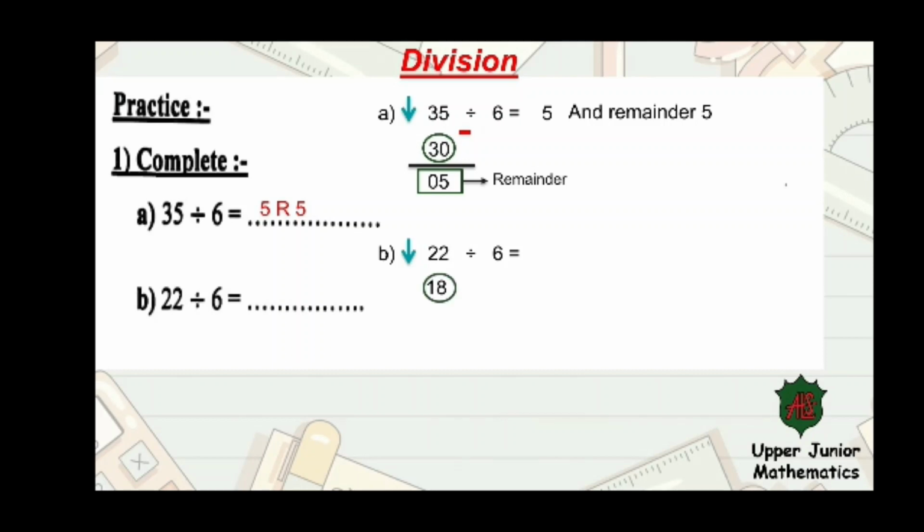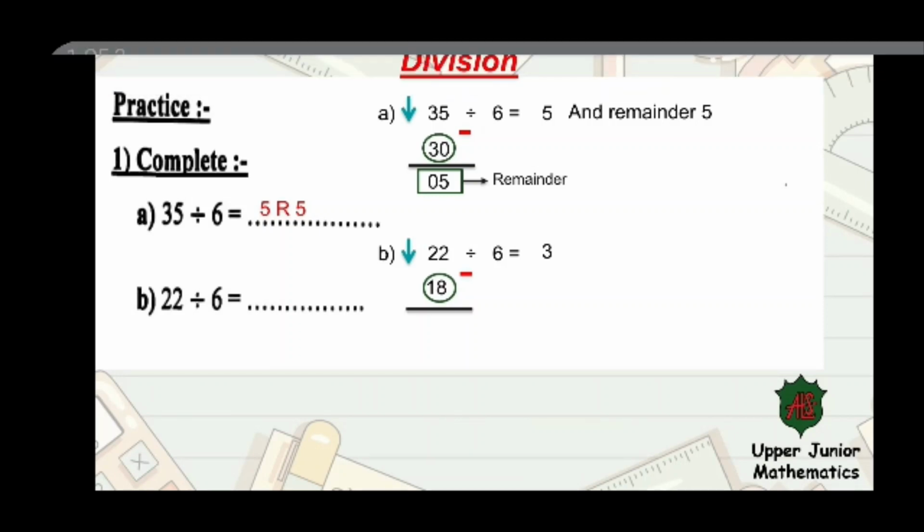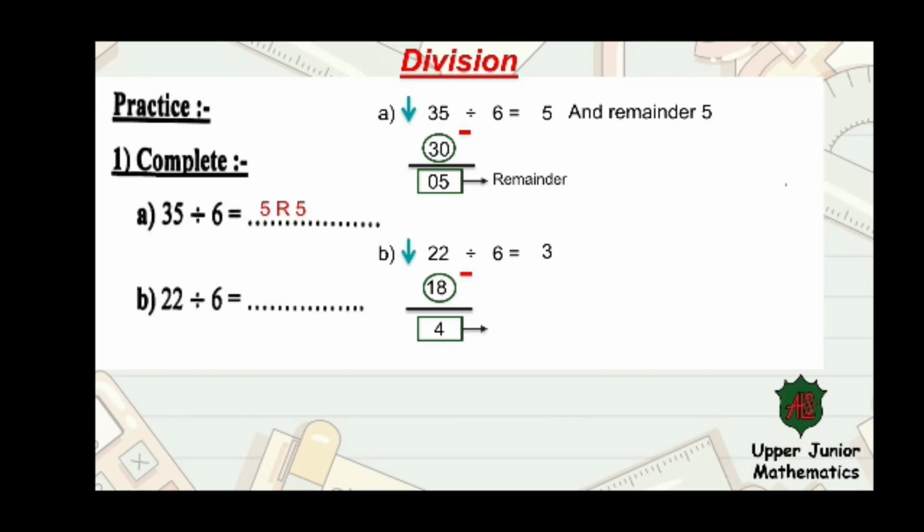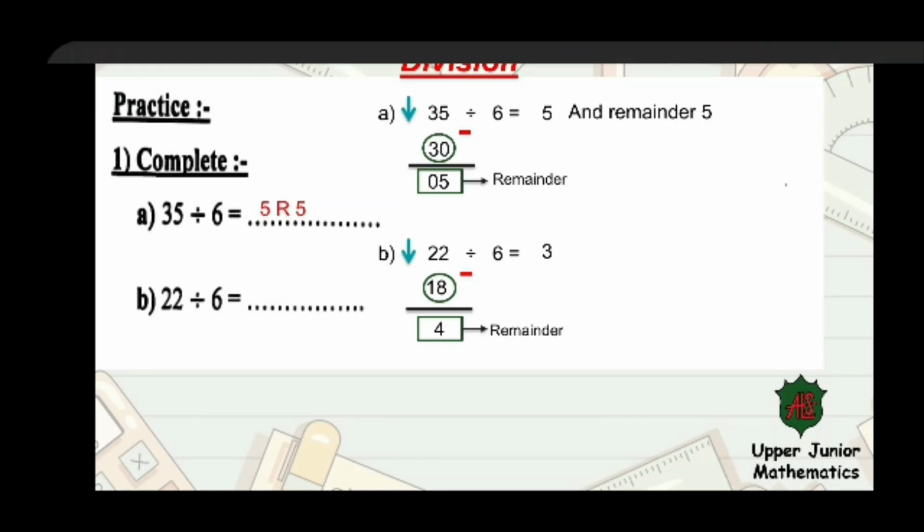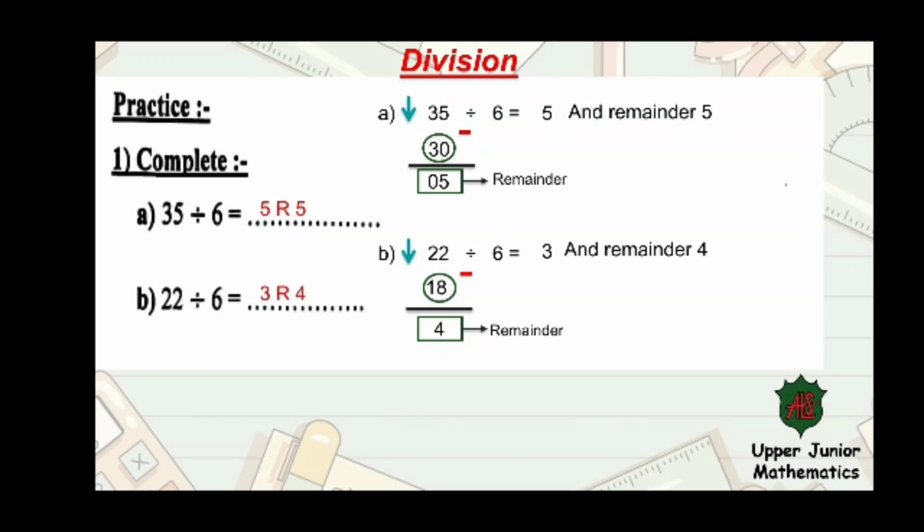Now 18 divided by 6 is 3. In order to find the remainder, you're going to subtract the original number in the question, which is the 22, and your new number, which is the 18, from each other. 22 minus 18 is 4. So the remainder in this question is 4. So the answer is 3 and remainder 4.